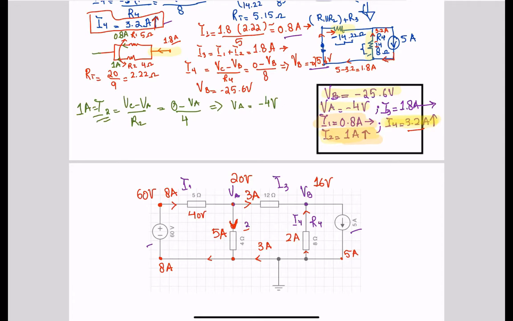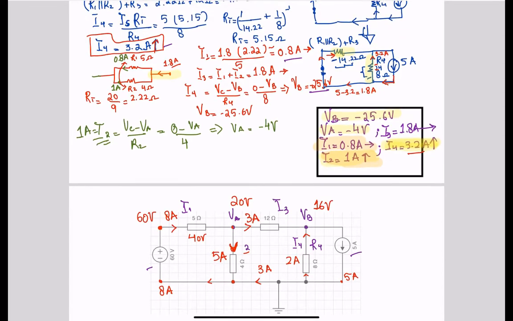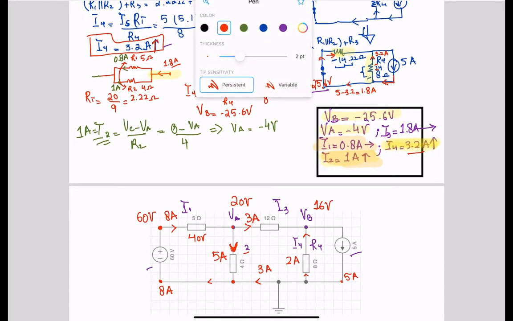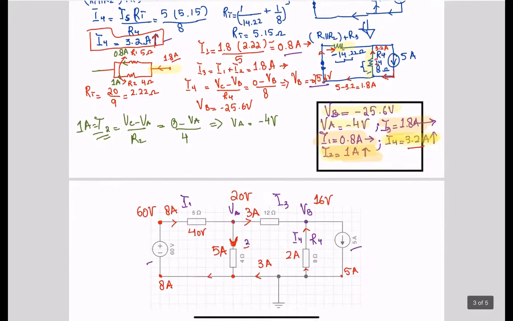So your I3, and also you can prove it over here. You had your I3 from the second part, 1.8, and then here I3 1.2, and they both were in the same direction. So if you add 1.2 plus 1.8, you get 3 amperes, and that's what you had over here.